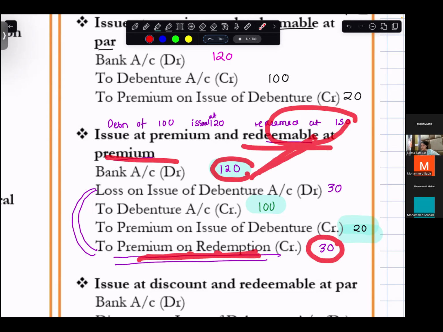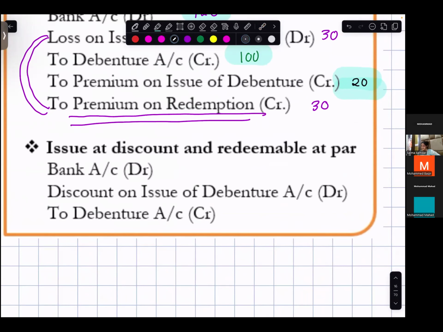Issued at discount, redeemed at par. Can you make an example first for this? Redeemed at par, I know, but discount I have no idea. Just make an example. Debenture will always be for 100.